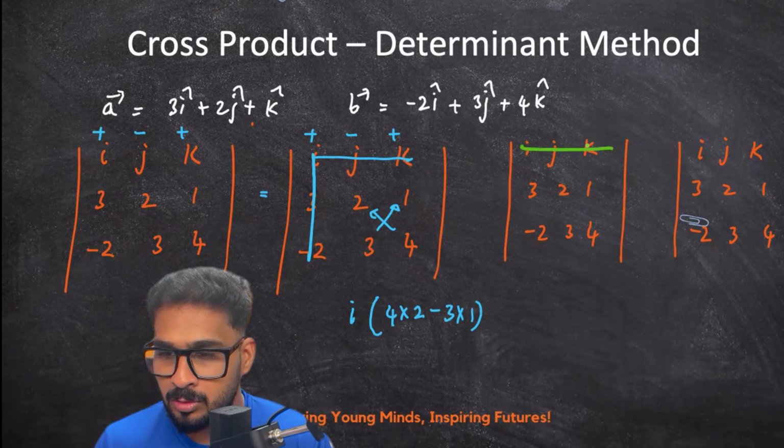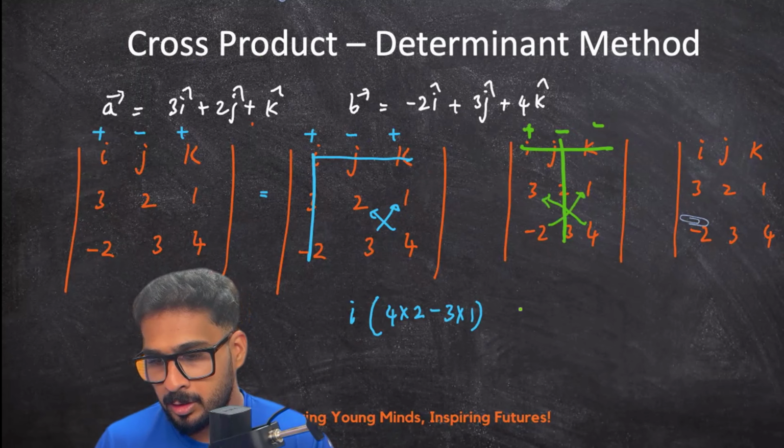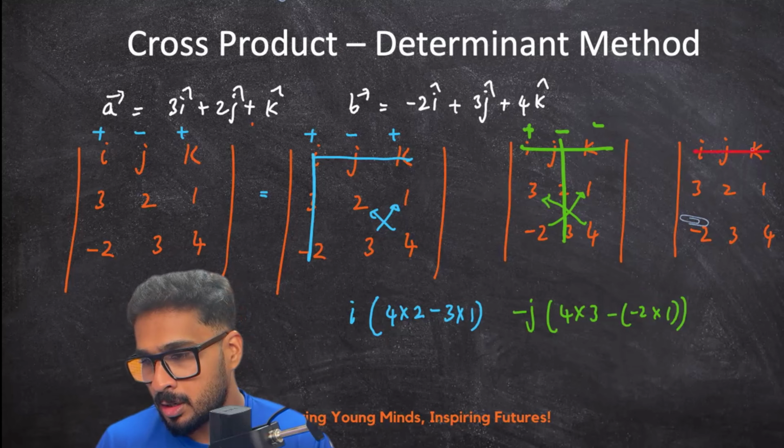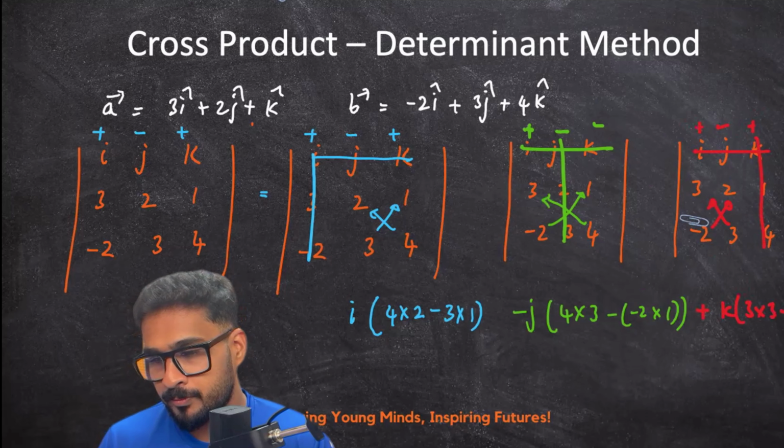Next, cancel out the second column, and since minus is here, cross multiply and write down minus j into 4 into 3 minus 2 into 1. Then at last, cancel out the last column and write down like this: plus, since plus is there, plus minus plus, k into 3 into 3 minus of minus 2 into 2.